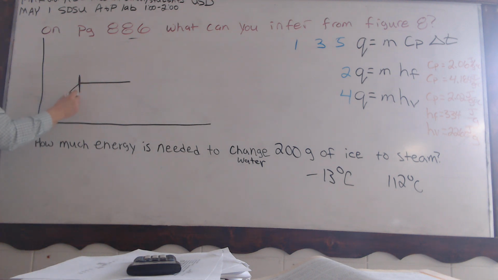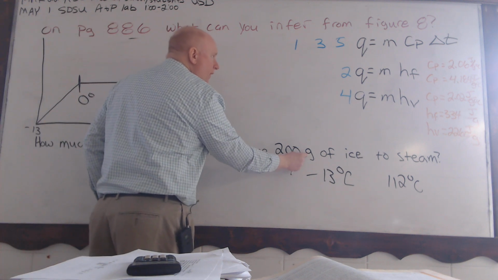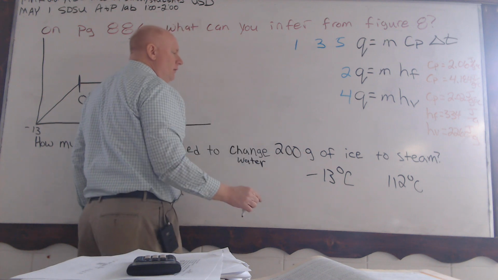Okay, so at this temperature, it's 0 degrees. So if this is 0, where did this start from? Negative 13. So it's going to take a certain amount of energy to raise that temperature from negative 13 up to 0. Since this is labeled in grams, what variable must that be?